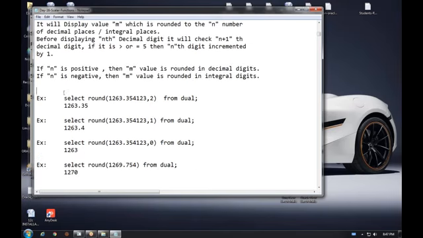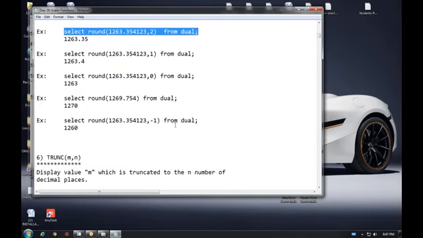So let me explain this practically. The round function is useful to display the given value rounded to the specified number of decimal places. Saying I need 2 decimal digits, 3, 5.